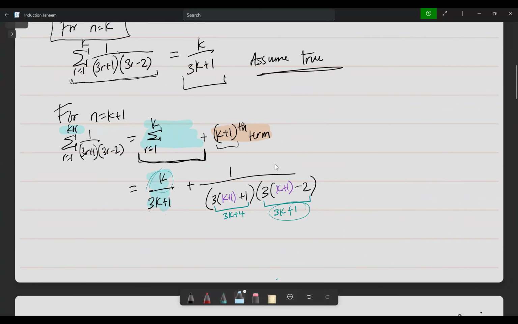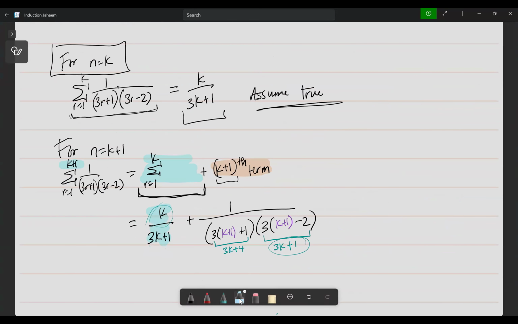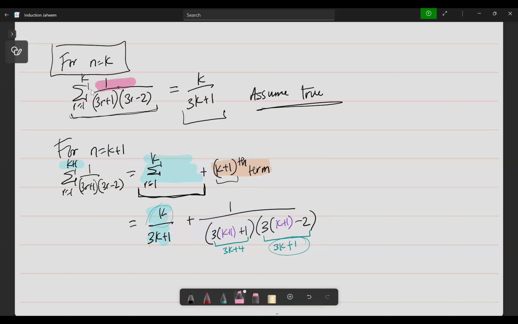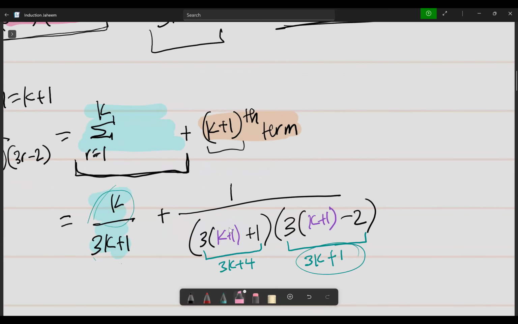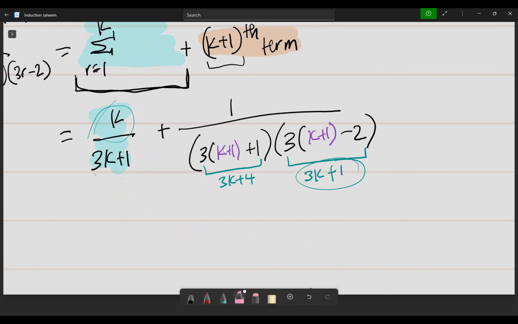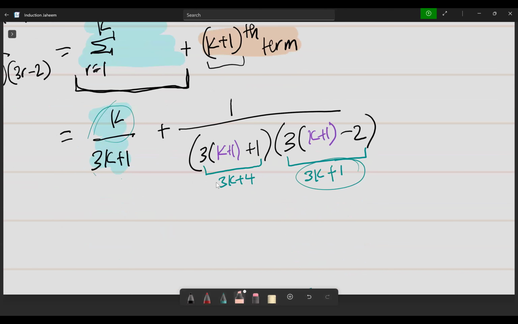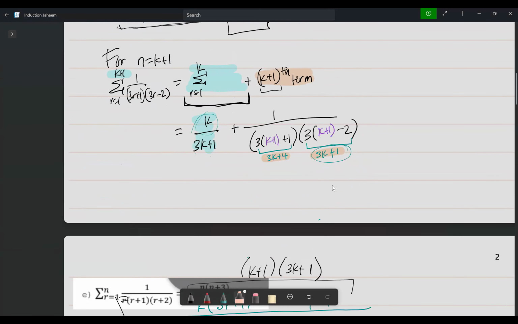So we're going to replace what we have inside the summation, the r, with k plus 1. When we do that, we get in the denominator 3k plus 4 and 3k plus 1.